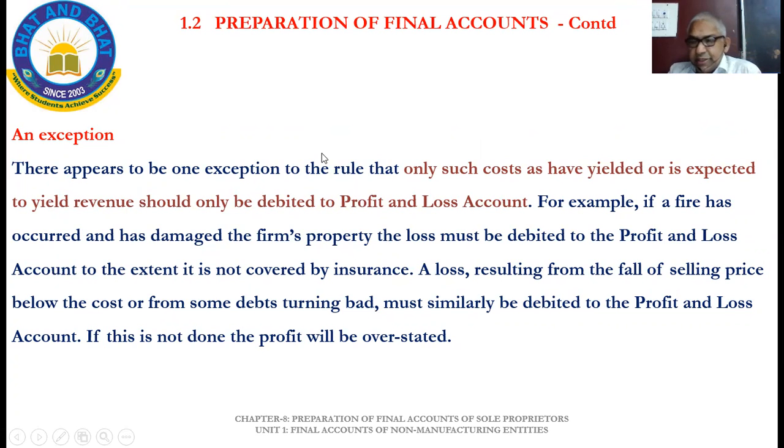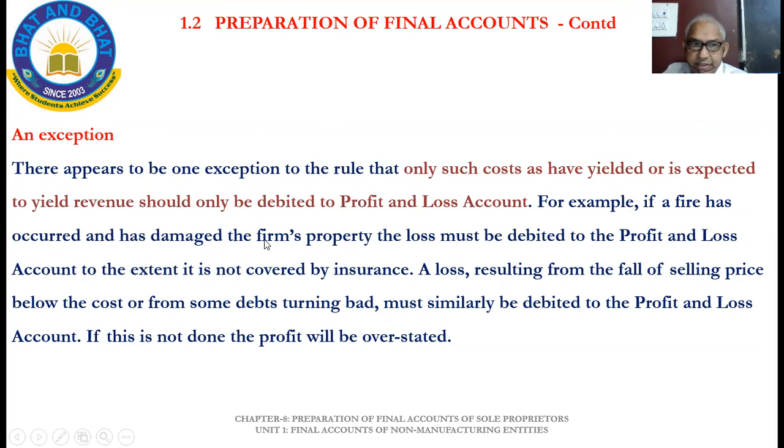Suppose the valuation of the fire loss is 1 lakh rupees and the insurance company has paid 80,000 rupees. Then the difference, 1 lakh minus 80,000, that is 20,000, will be the loss for the business.